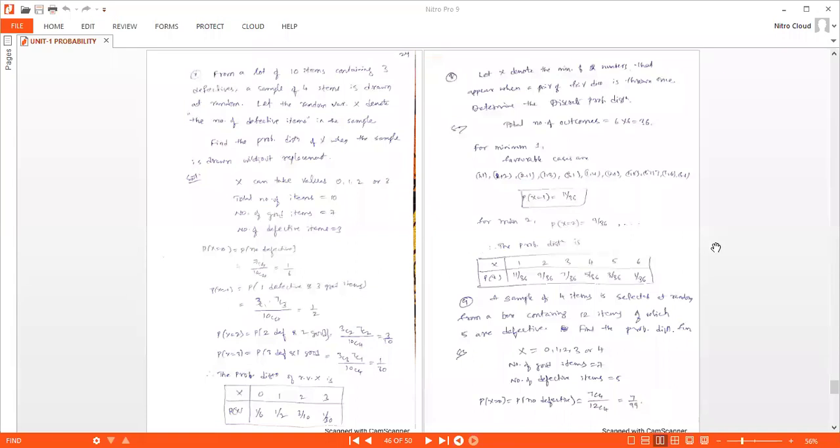And next one, probability of x equal to 1. Probability of x equal to 1 means probability of selecting one defective item. Selecting one defective item means we need to select 3 remaining good items. So probability of x equal to 1 is given by 3c1 into 7c3 by 10c4.